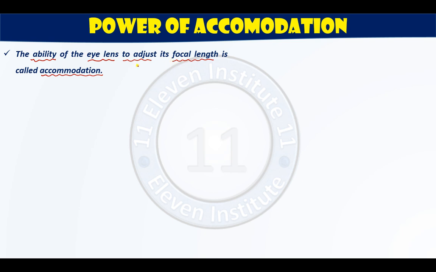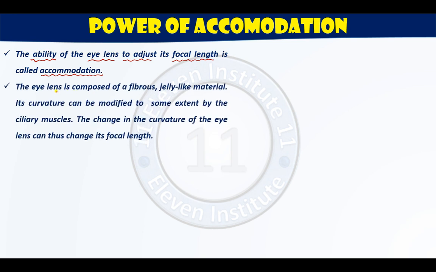The eye lens can increase the focal length or it can decrease the focal length to see the near and far objects. Fine. The eye lens is composed of a fibrous jelly-like material. We already know this. Its curvature can be modified to some extent by ciliary muscles, right? Curvature means roundness.